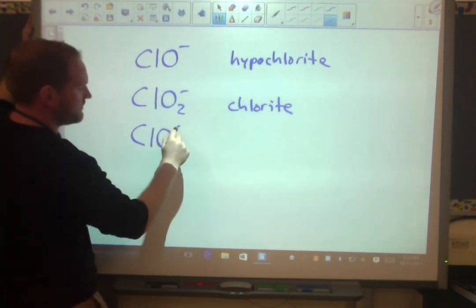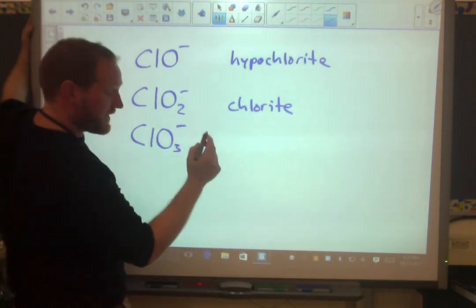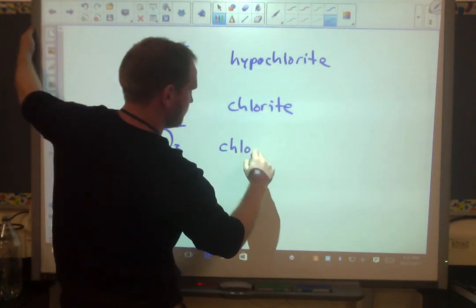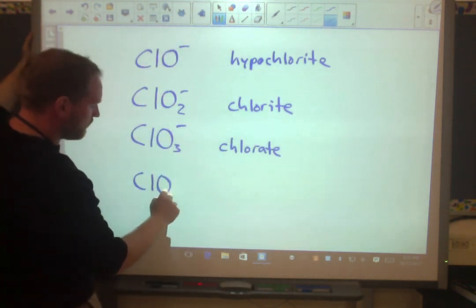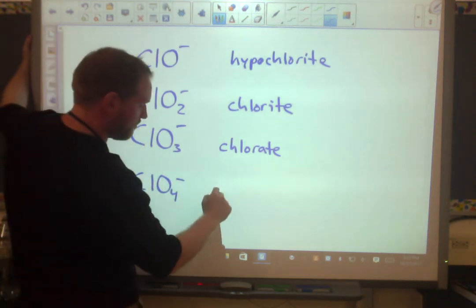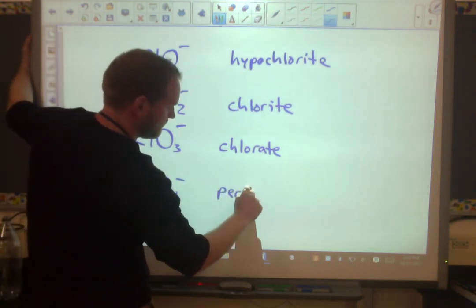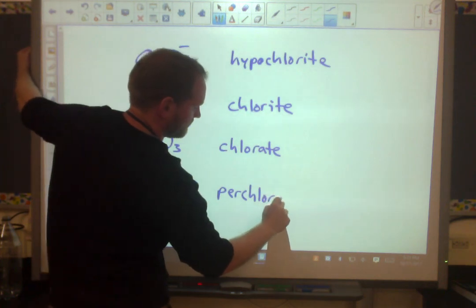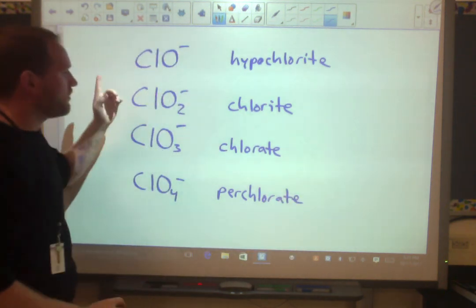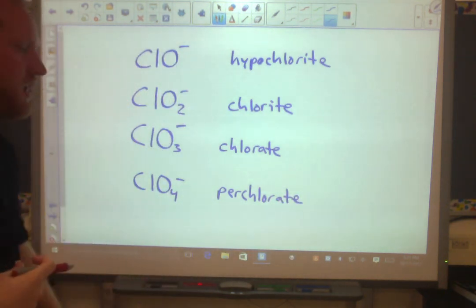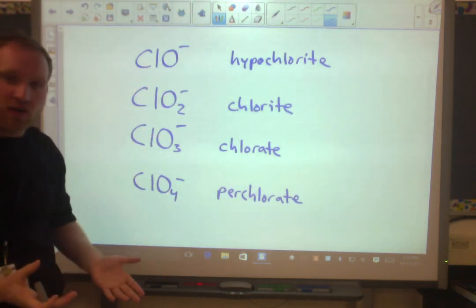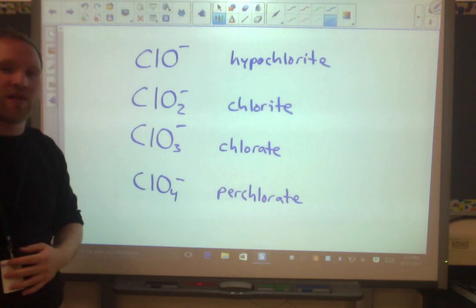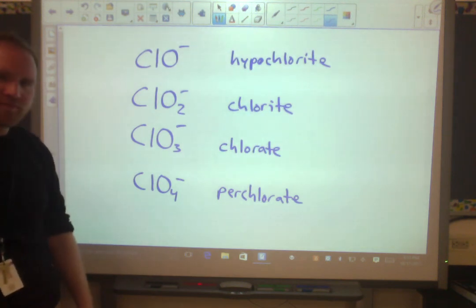ClO3 minus is chlorate. And ClO4 minus is perchlorate. So these are 4 common polyatomic ions. What you should do is pretend these are going to form acids, write what the compounds are going to be, the formulas, and then name them. Why don't you pause the video and try that now?